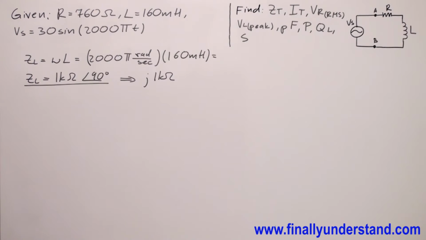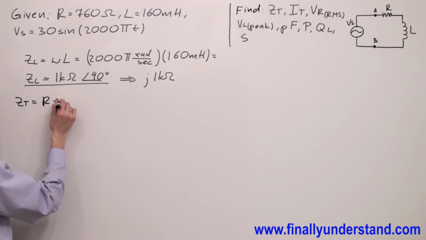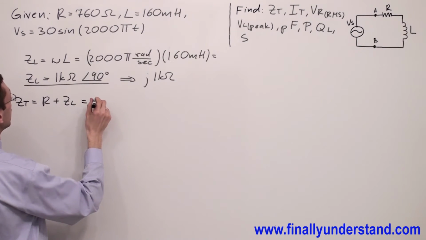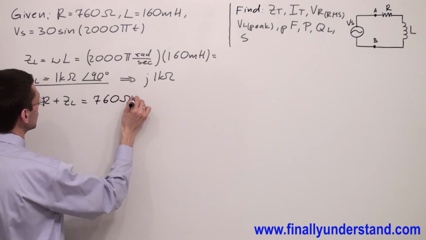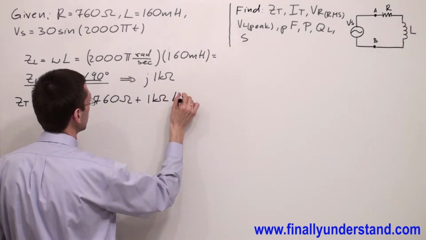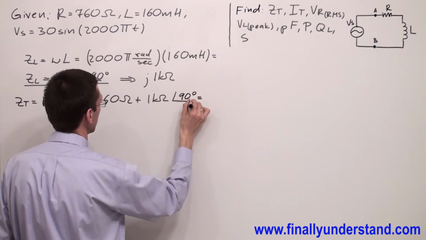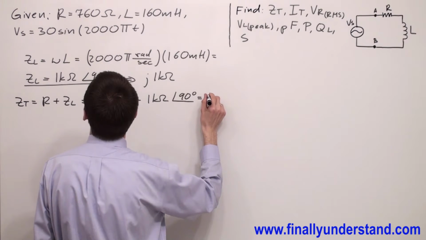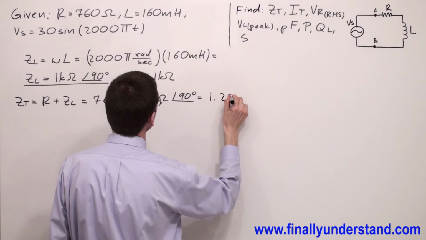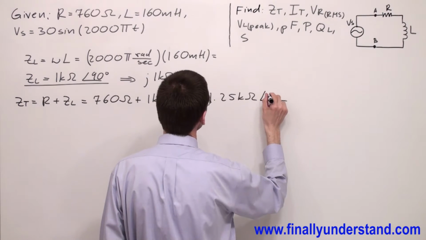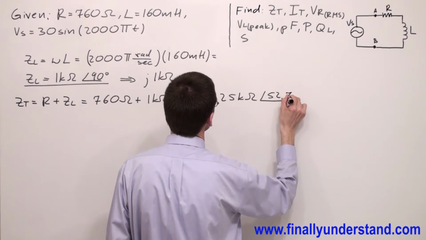Next, we're supposed to find Z total. Z total is equal to R plus ZL, because this is a series circuit, where R is equal to 760 ohms plus ZL, 1 kilo ohm, an angle of 90 degrees, where this is equal to 1.25 kilo ohms and angle of 52.76 degrees.